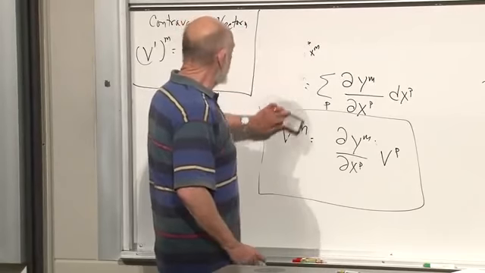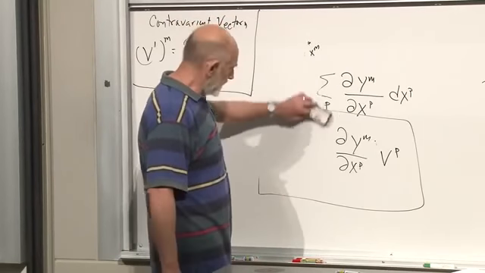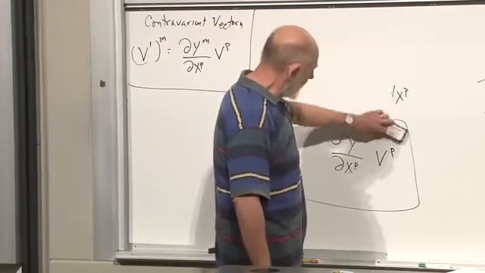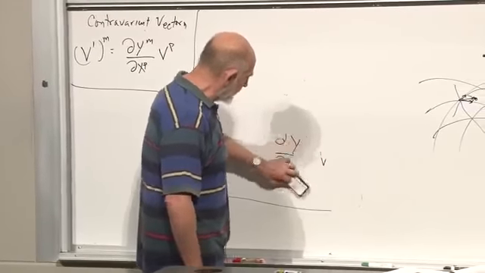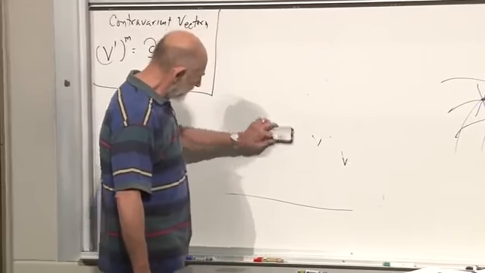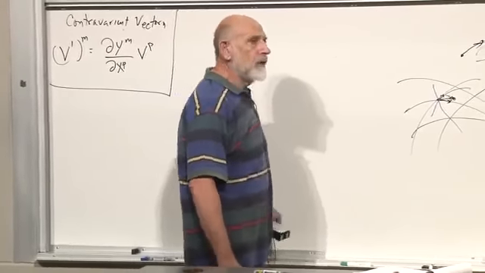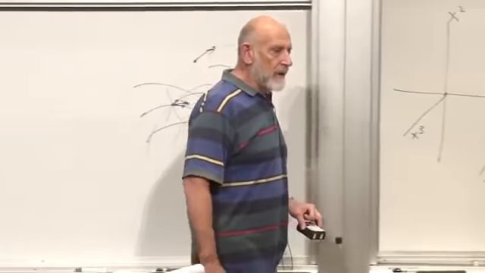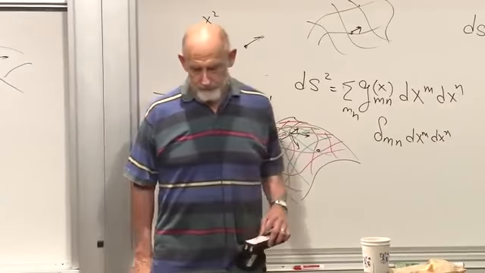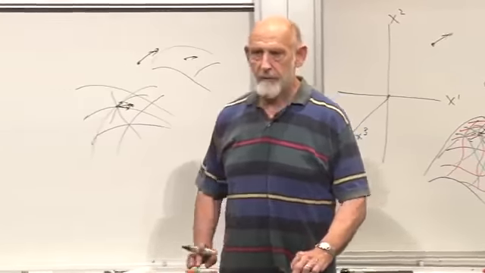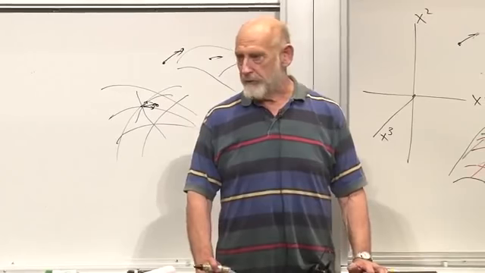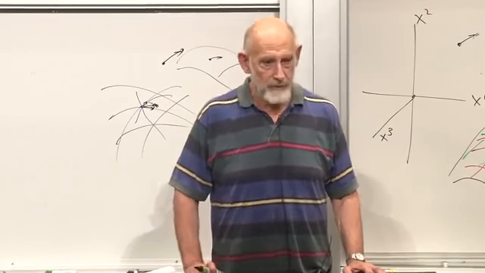Now let's talk about covariant vectors. Another creature, completely different. The gradient. If you have a function, let's think of it as a scalar function, a function that doesn't have to be transformed.